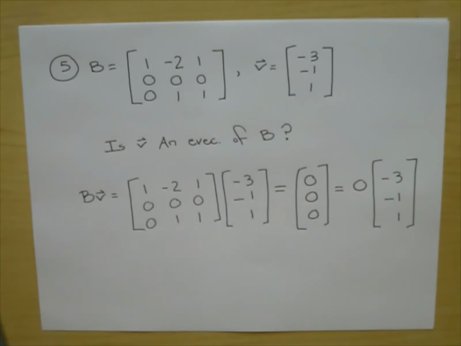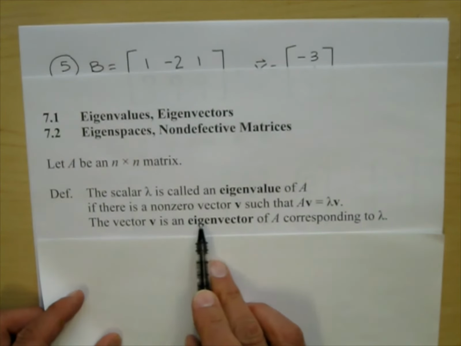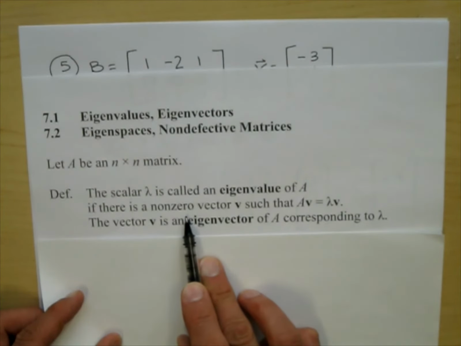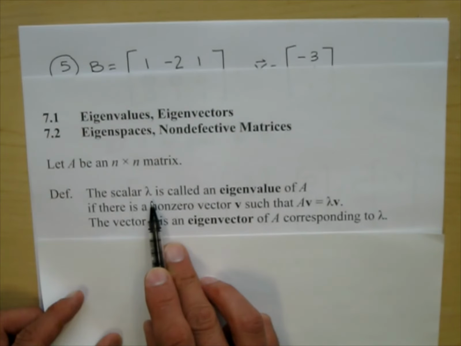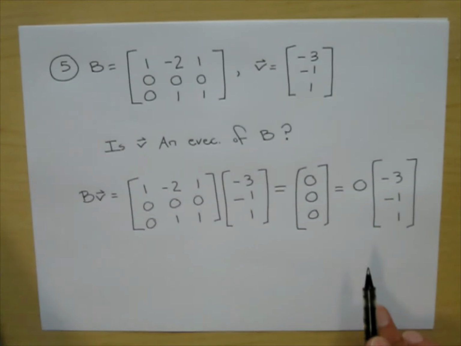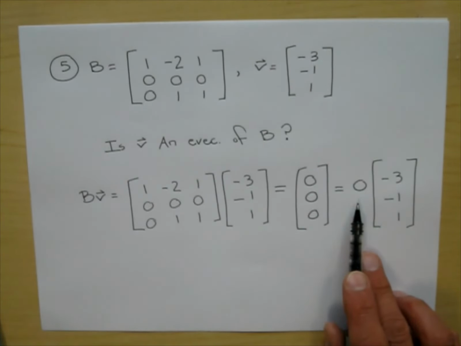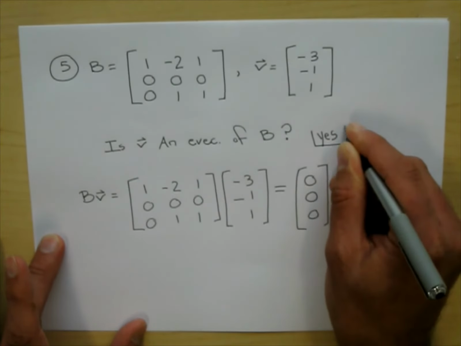Now, if you're thinking that I violated the definition, it says that vector V has to be non-zero. But they never said the eigenvalue had to be non-zero. In fact, this is an example where the eigenvalue is 0 and the answer is yes.